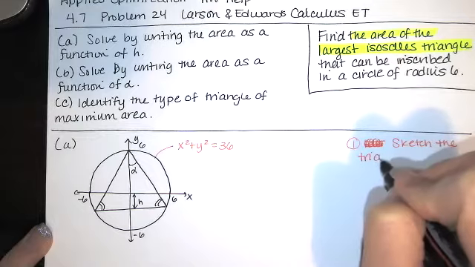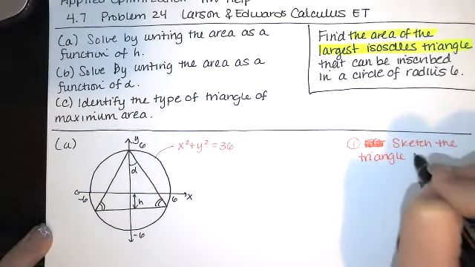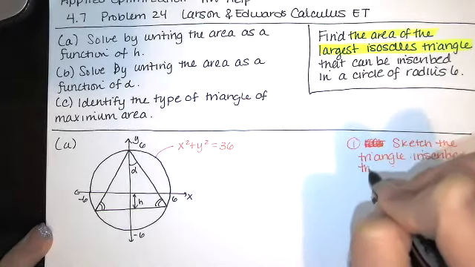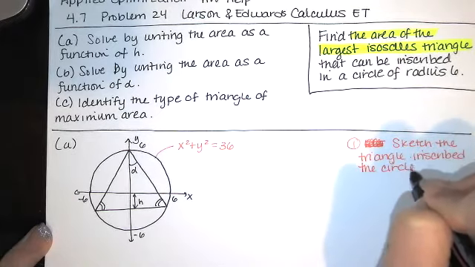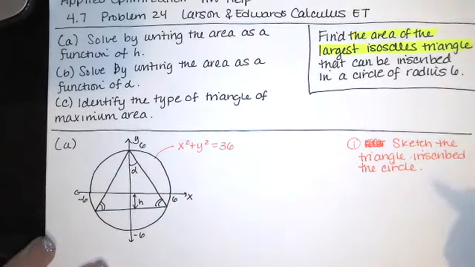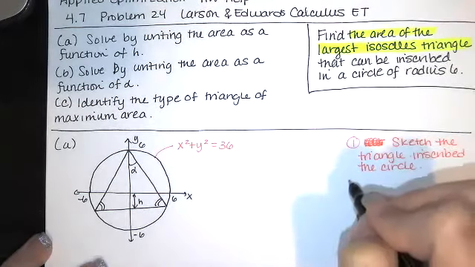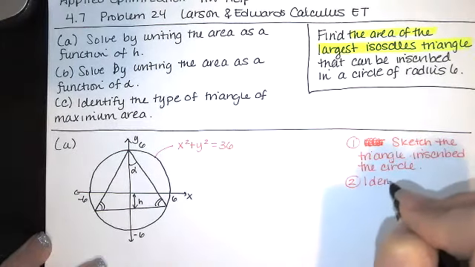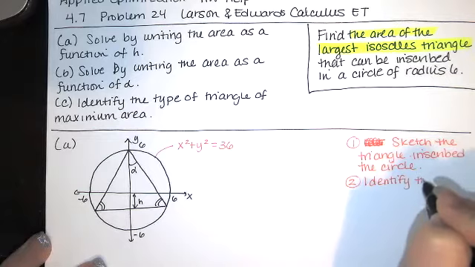So we are sketching the triangle inscribed in the circle. We want to sketch whatever is given to us. They told us this, and they also gave us this picture in the book. So you want to visualize what's going on. And then when we're doing applied optimization problems, the next thing we want to do is identify the objective function.